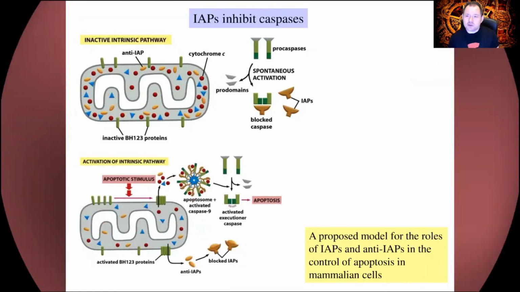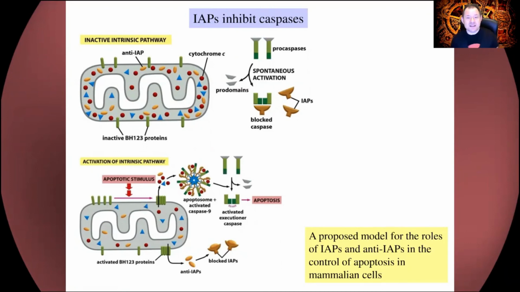Okay, now we have some other molecules involved in this process, which I'm not going to talk about much, but we do have them. We have a molecule which is normally present inside the mitochondria called an anti-IAP. I'm going to explain what that means shortly. Normally this anti-IAP would be inside the mitochondria, and we have the IAPs floating around in the cytoplasm.